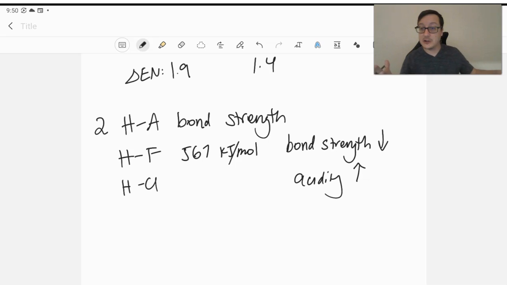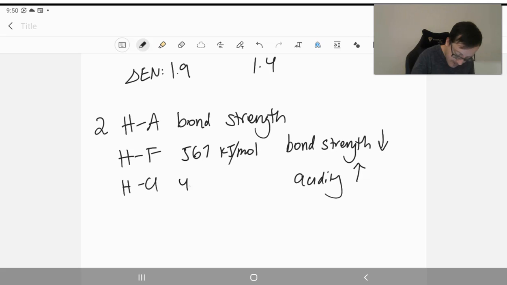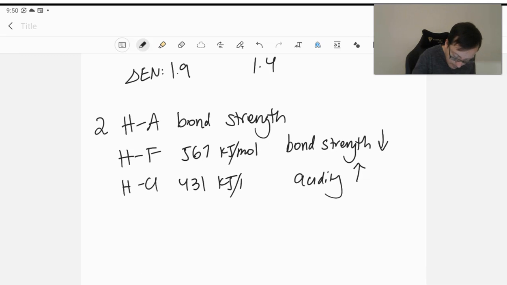So this is the amount of energy needed to break these bonds. And then for HCl, we're looking at 431. We can see very clearly by looking at their bond strengths that the HCl bond is much weaker than the HF bond. And we also know HCl is a strong acid, but HF is a weak acid.